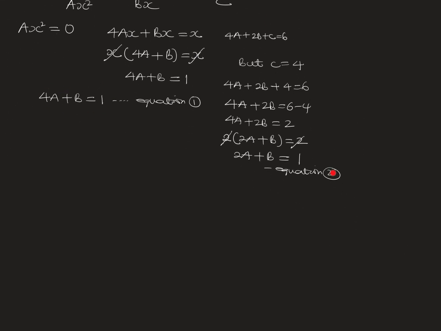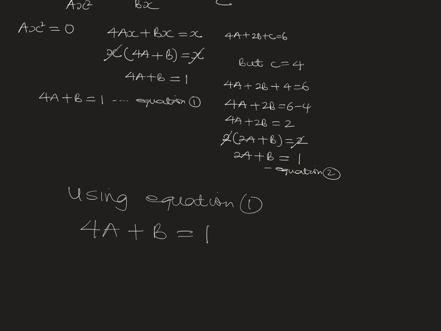So this will be equation 2. If I use equation 1 and 2, I can be able to find a and b, right? So using equation 1, which is 4a plus b is equal to 1. And what is equation 2? Equation 2 is 2a plus b equals 1.